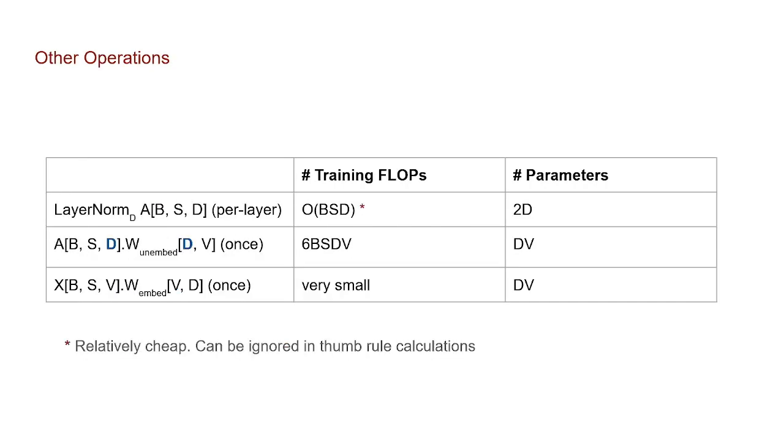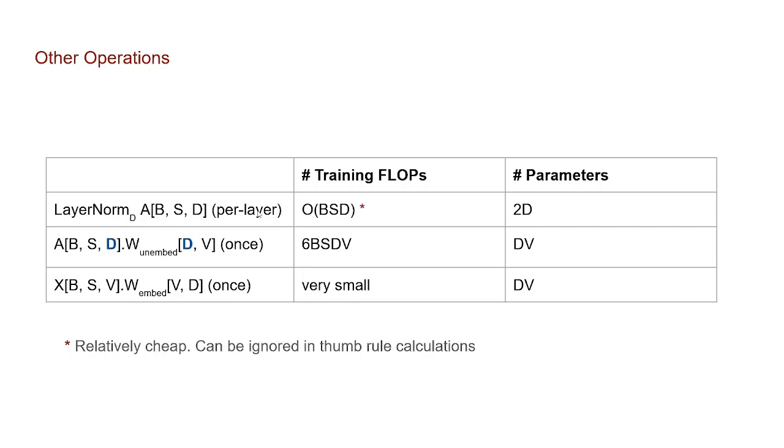There's also layer norm involved in every transformer layer, and even for this, we do only a small constant number of operations per element in the tensor.